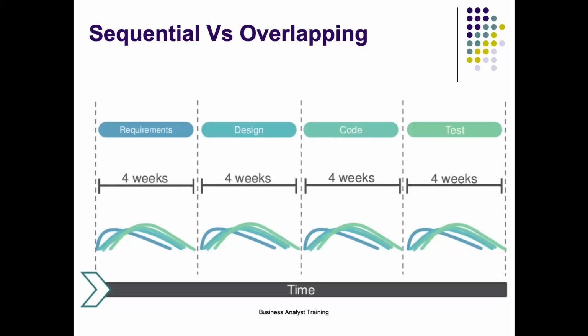Think about every 4 weeks you have working software in hand. In these 4 weeks, you have done the requirements, the design, the development, and the testing for just those 4 weeks' worth of work.